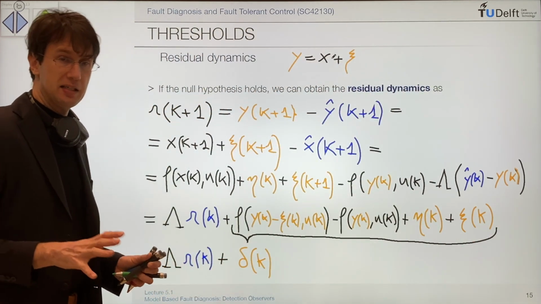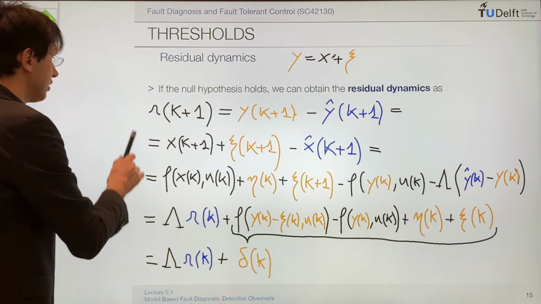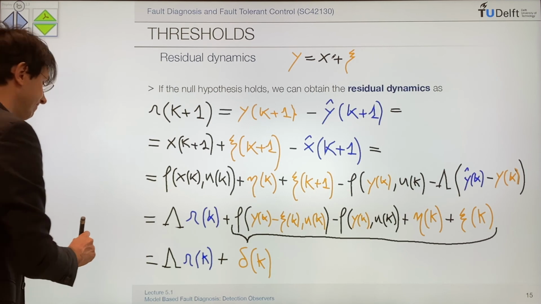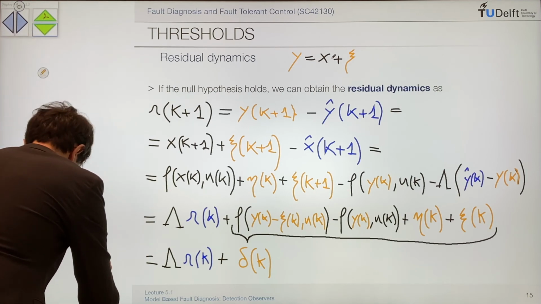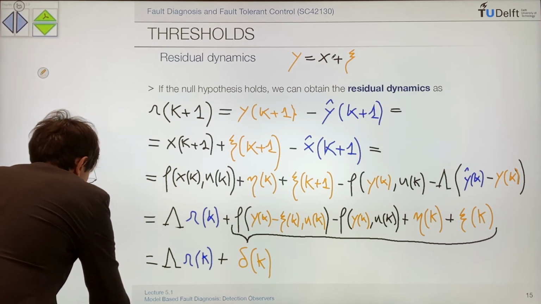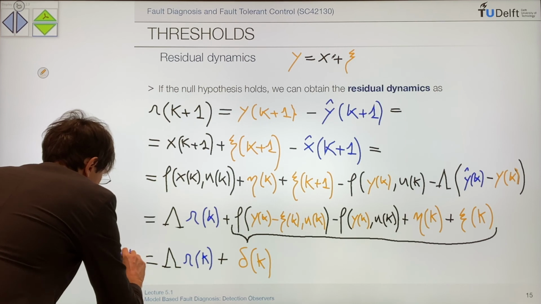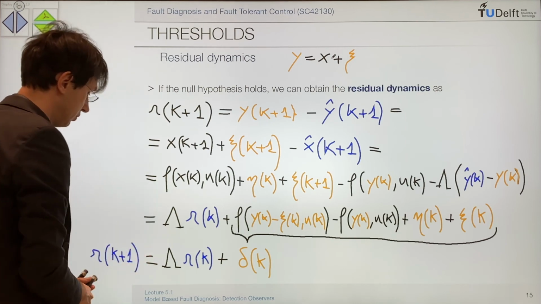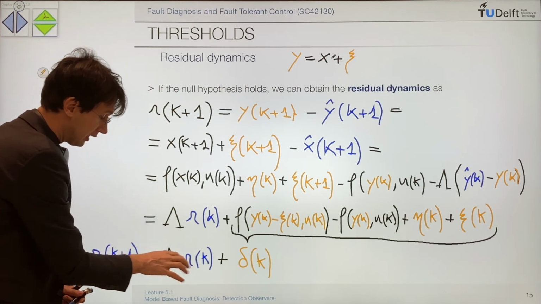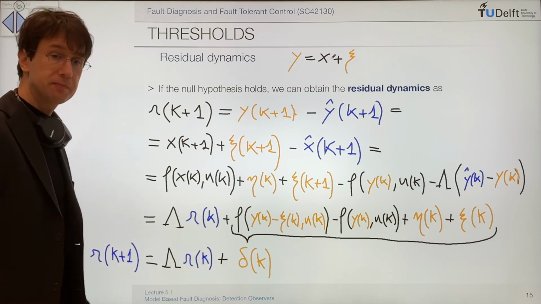So why did we do that? Because we want to show that the dynamics of the residual are like this. Would have been nicer to use blue from the beginning for r. So r at time k plus 1 is equal to lambda that multiplies r of time k plus this delta.